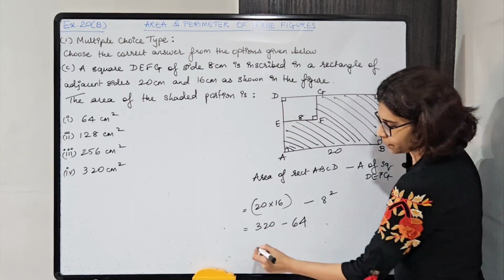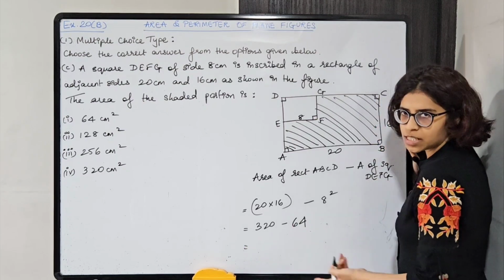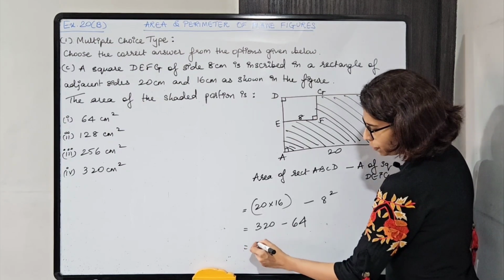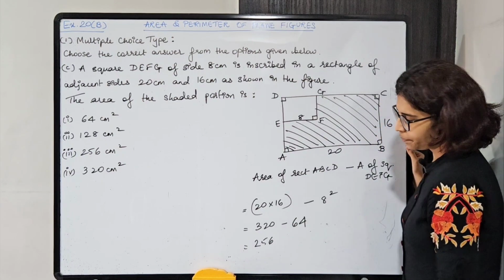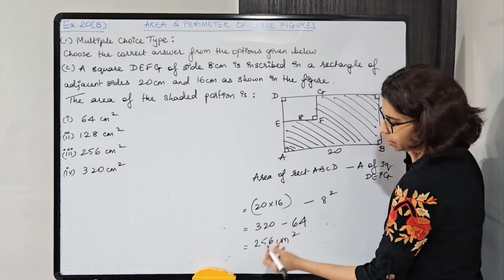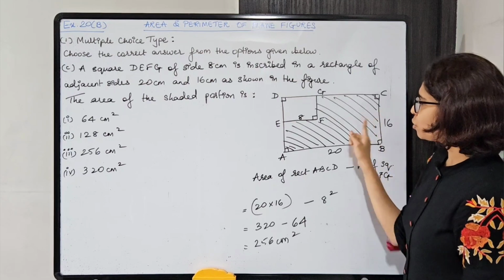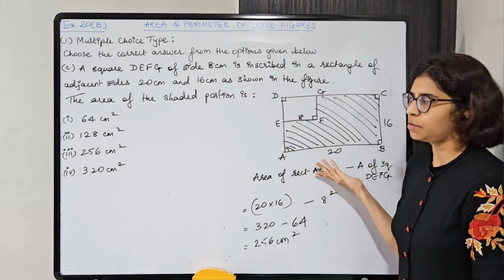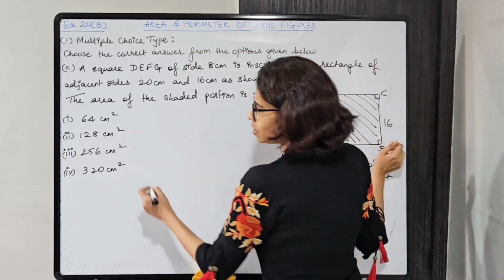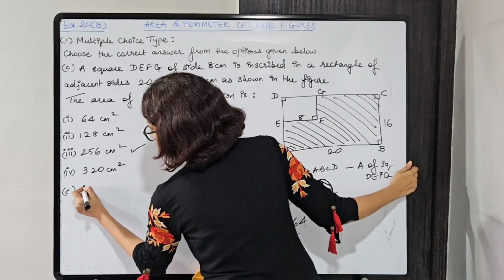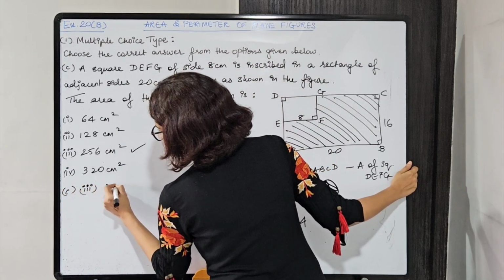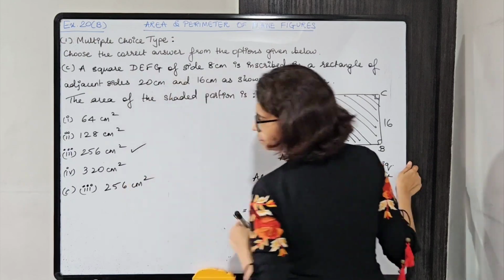Correct. 320 minus 64, that is going to give 256. Correct. Square centimeter. So area of the shaded portion is 256 square centimeter. So the correct option is the third one. So for C, third option is the correct answer.